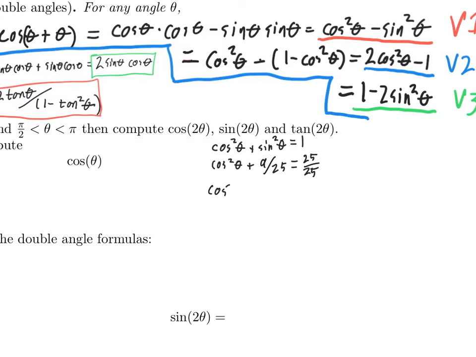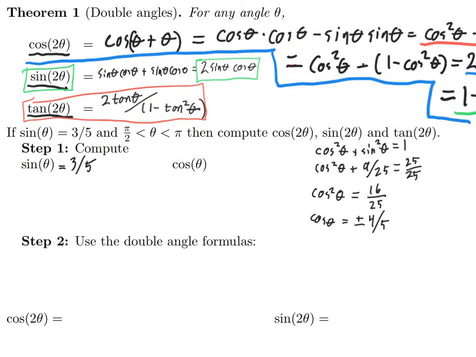We'll get cosine squared theta equal to 25 minus 9 is 16 over 25. So cosine theta is plus or minus the square root of that, plus or minus 4 over 5. And this angle lives between negative pi over 2 and pi over 2. So the negative choice will be correct.